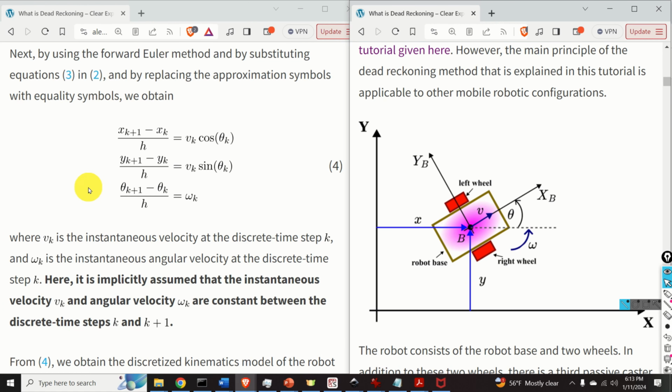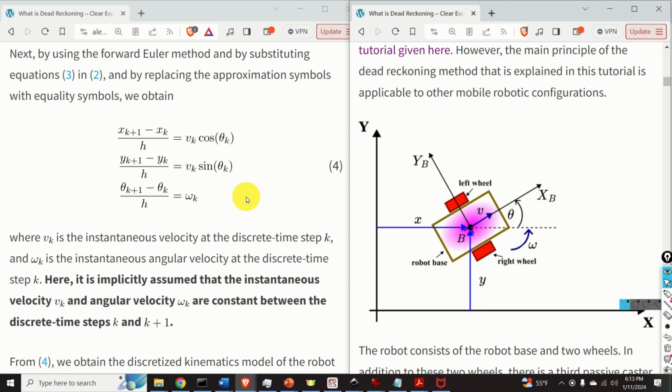Next, by using the forward Euler method and by substituting equations for the finite differences into the kinematics model, we obtain these equations. In these equations, Vk is the instantaneous velocity at the discrete time step k, and omega k is the instantaneous angular velocity at the discrete time step k.